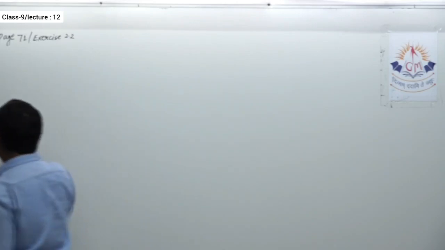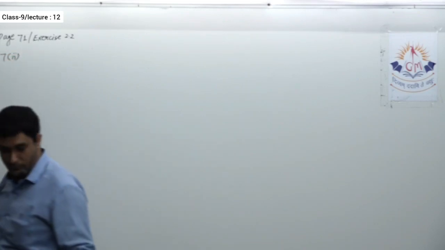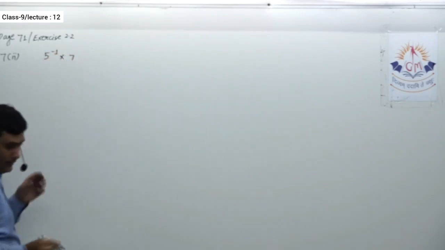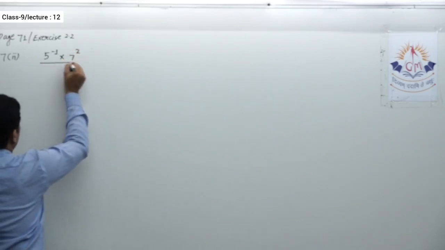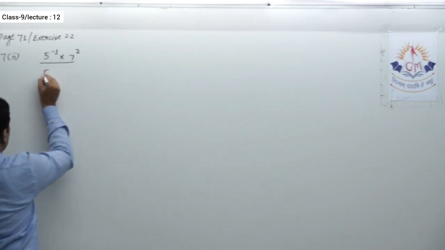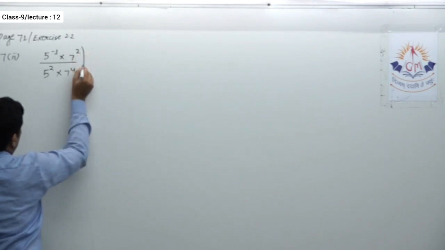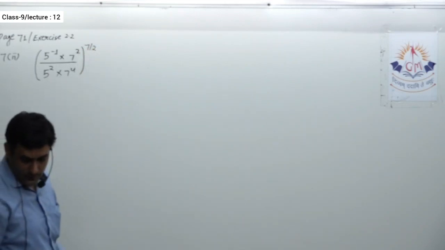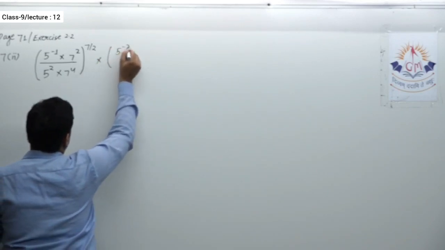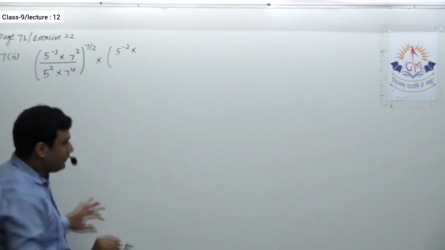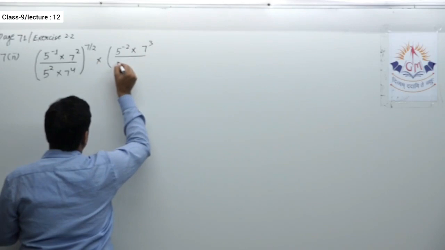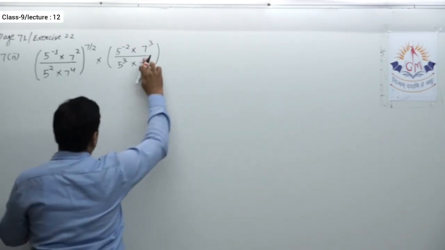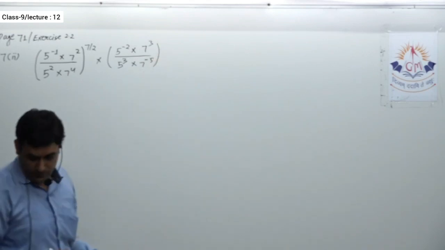The question is: simplify (5 raised to minus 1 multiplied by 7 raised to 2, divided by 5 raised to 2 multiplied by 7 raised to minus 4) raised to 7 by 2, then multiplied by (5 raised to minus 2 multiplied by 7 raised to 3, divided by 5 raised to 3 multiplied by 7 raised to minus 5) raised to minus 5 by 2.